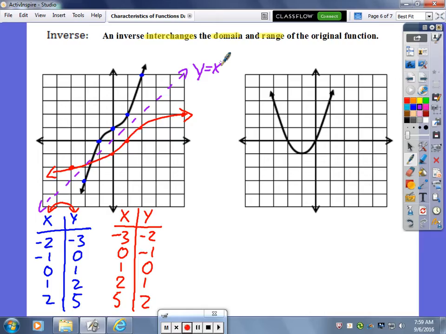Let's look at our second example. We are going to start again by identifying points that work for our table of values. Again, always pick points that are where the grid lines cross. That way you get a clean reading on the coordinates.